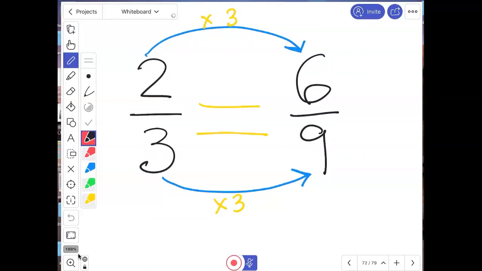Okay. If I start out with the fraction 2/3, if I multiply the top and the bottom by the exact same thing, and I get the right answers because I know my multiplication facts, 2 times 3 is 6, 3 times 3 is 9, then these are equivalent fractions.